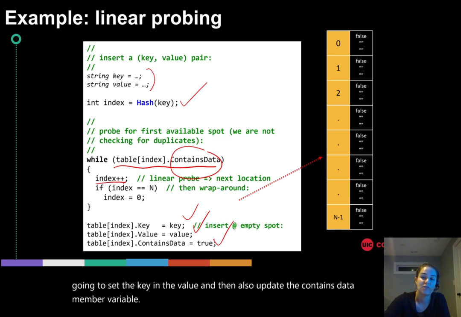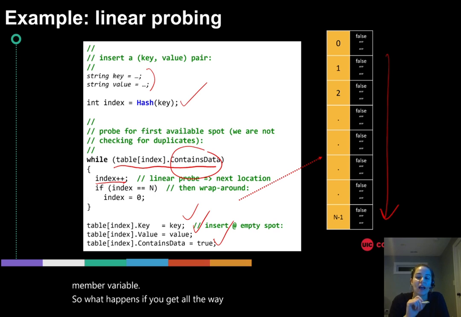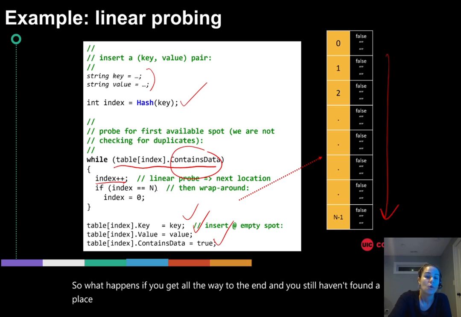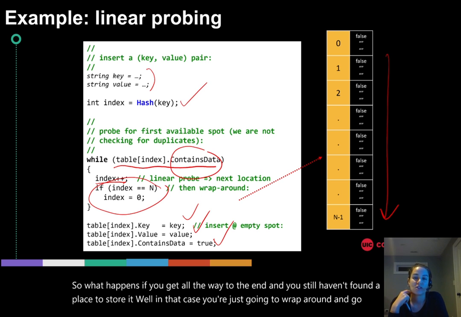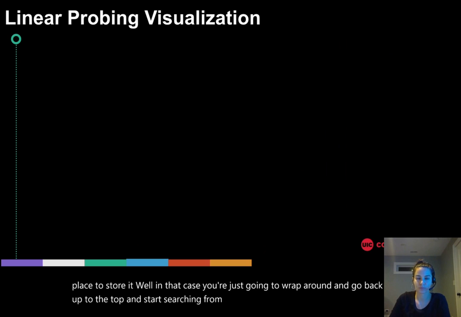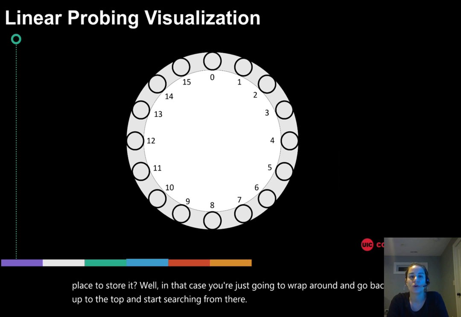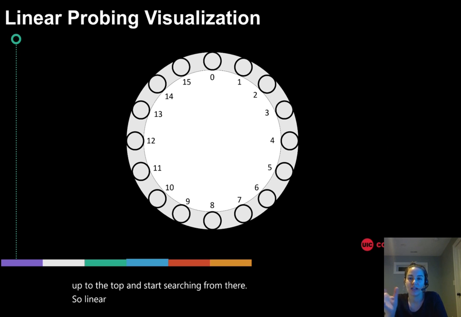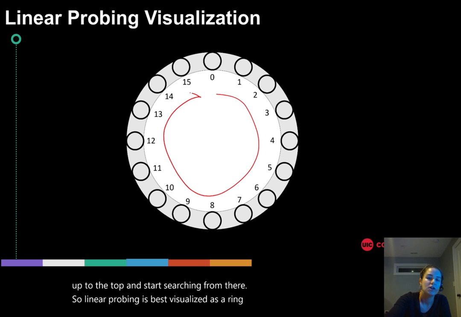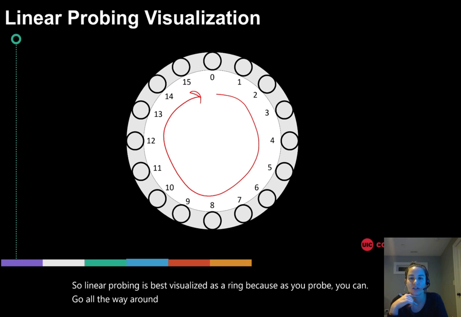So what happens if you get all the way to the end and you still haven't found a place to store it? In that case, you just wrap around and go back up to the top and start searching from there. Linear probing is best visualized as a ring because as you probe, you can go all the way around and back to the start.